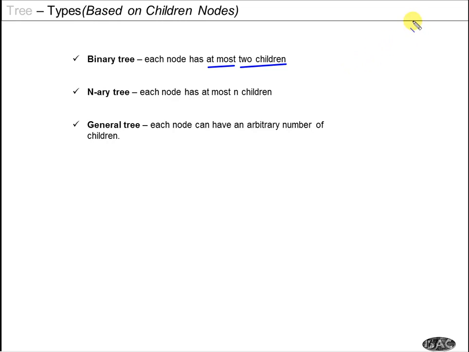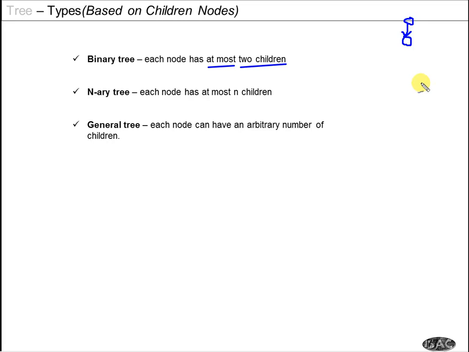This is also a binary tree. This is also a binary tree, because a binary tree does not say that each parent will have two children. It only says that at maximum it can have two children.